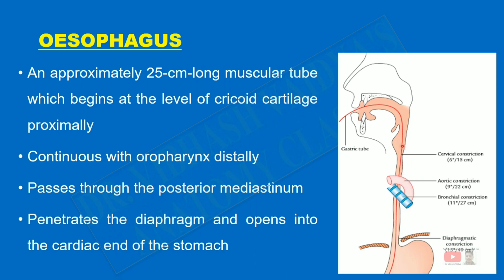It begins at the level of the cricoid cartilage proximally and continues with the oropharynx distally, and you can see here in this schematic diagram of the esophagus, it passes through the posterior mediastinum and finally it penetrates the diaphragm and opens into the cardiac end of the stomach. You can see here this is the stomach and here we have the cardiac end of the stomach.